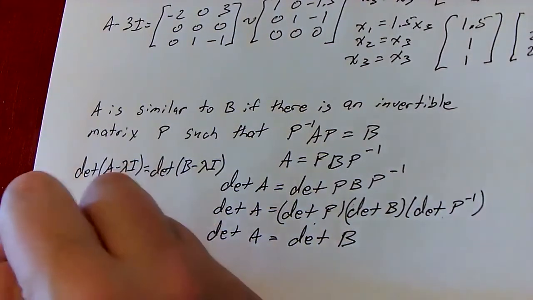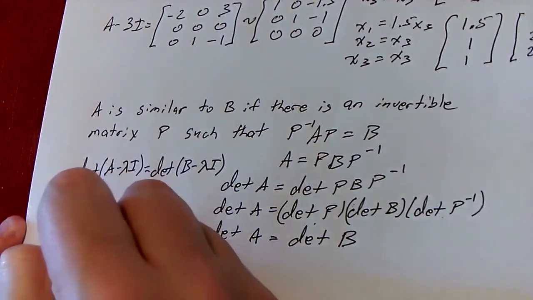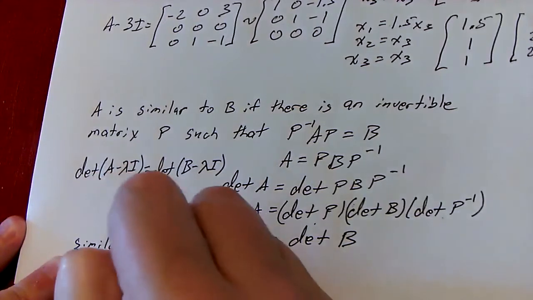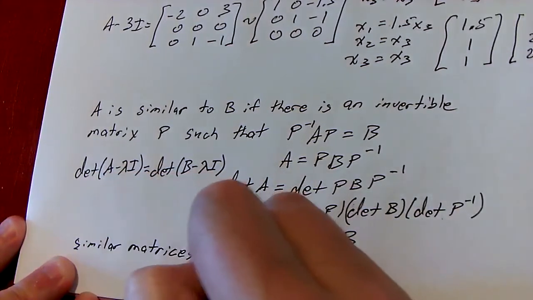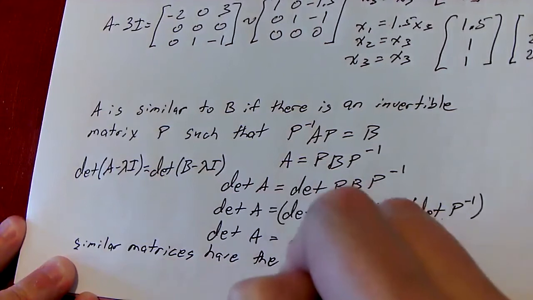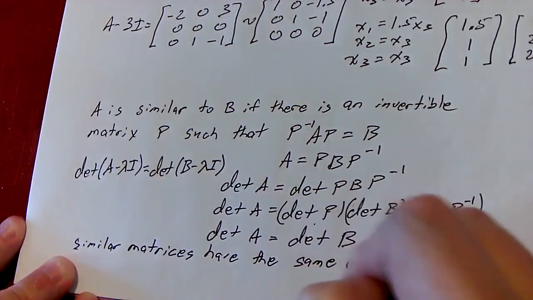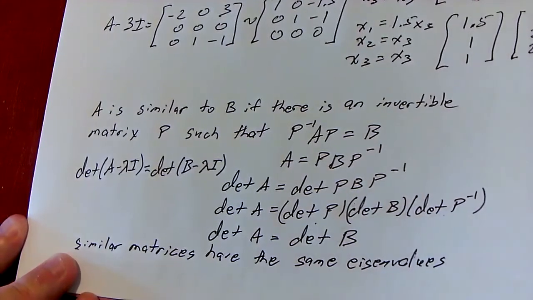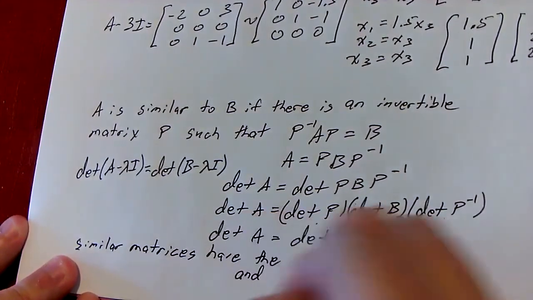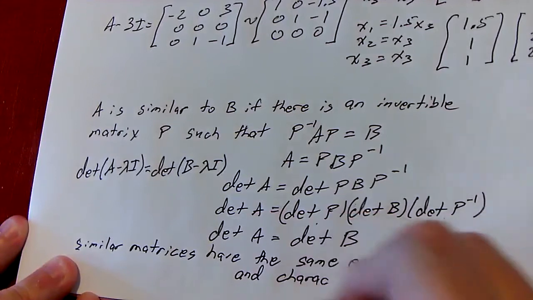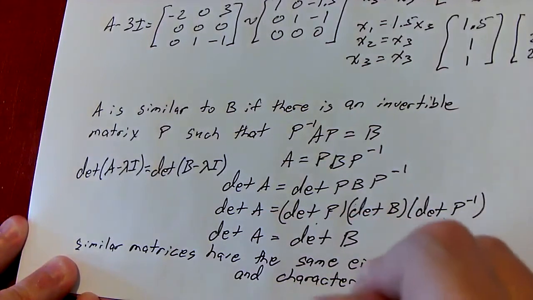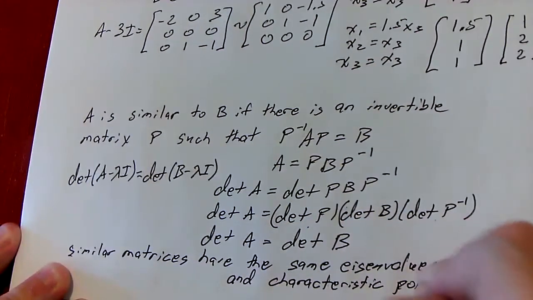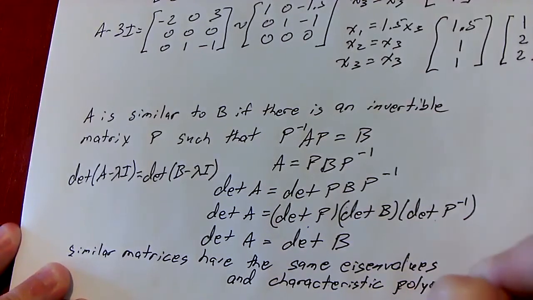Okay, so similar matrices have the same eigenvalues and characteristic polynomial or characteristic equation.